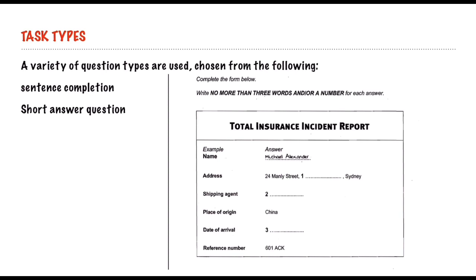Here, you are going to complete a sentence like trying to get the address to this place. And you'll be given short answers like date of arrival. So date of arrival can be 3rd of May 2023.